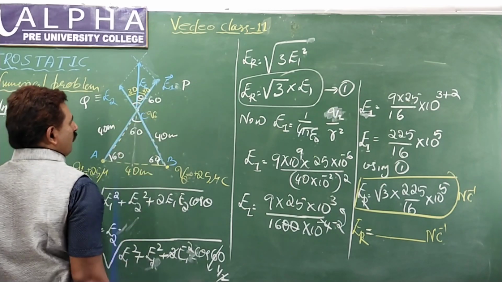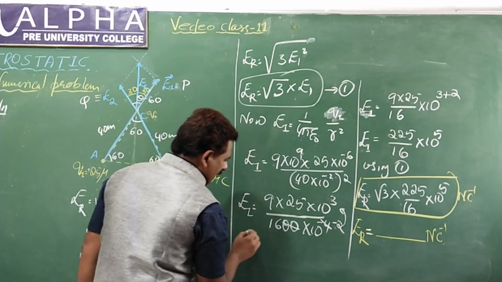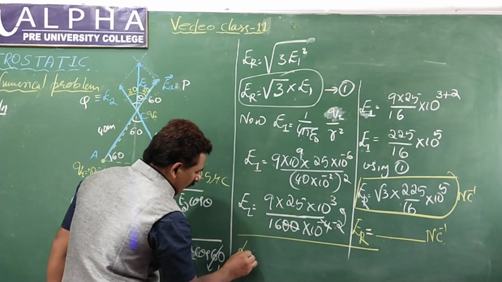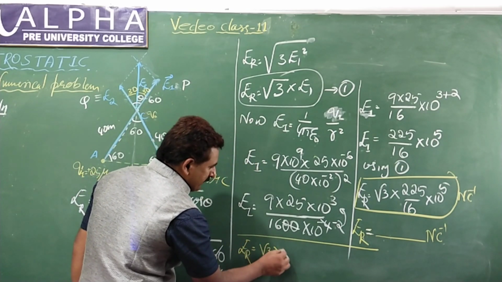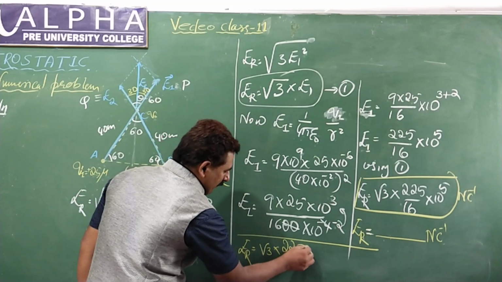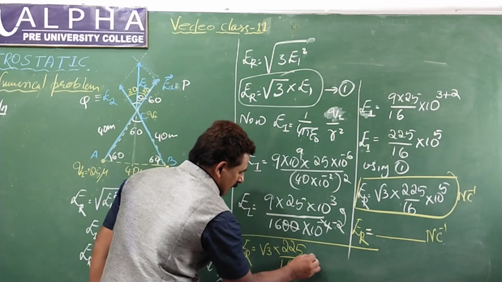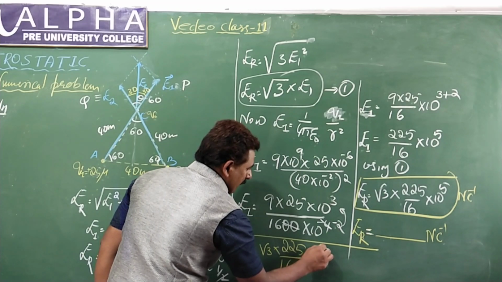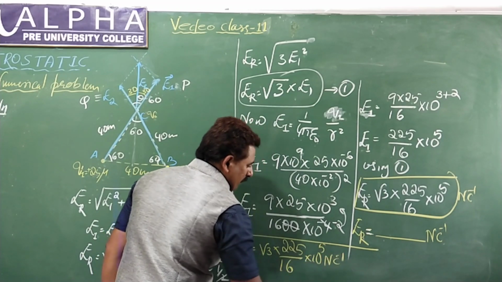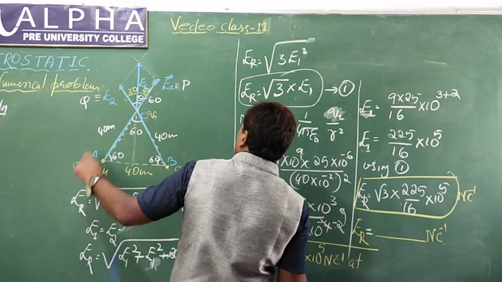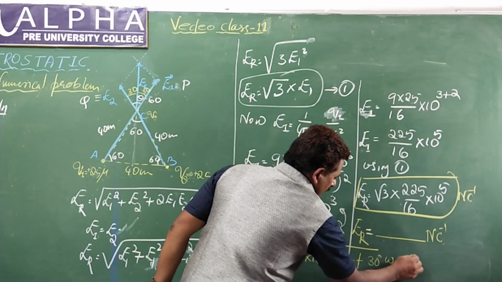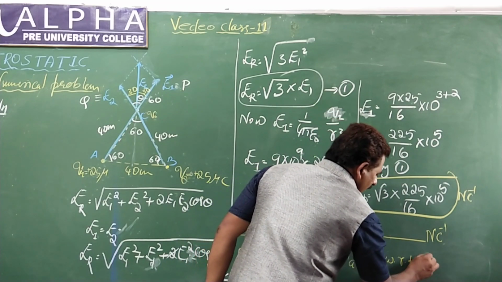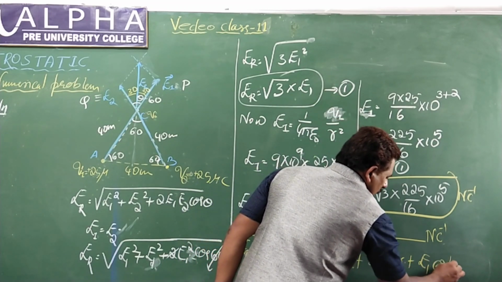Therefore, you can write the final answer: ER value root 3 times 225 divided by 16, complete the calculation part, 10 power 5 Newton per coulomb at an angle of 30 degrees with respect to E1 or E2.